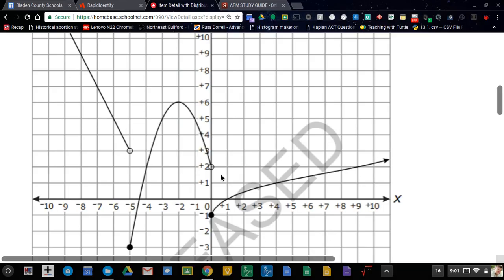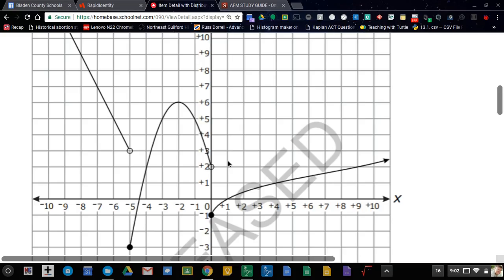Where does that show up on our function? Do you remember what part of the function that pertains to? Where have you seen open and closed circles in the past? What were you graphing?